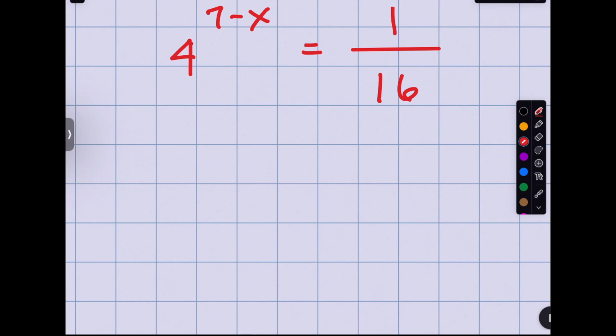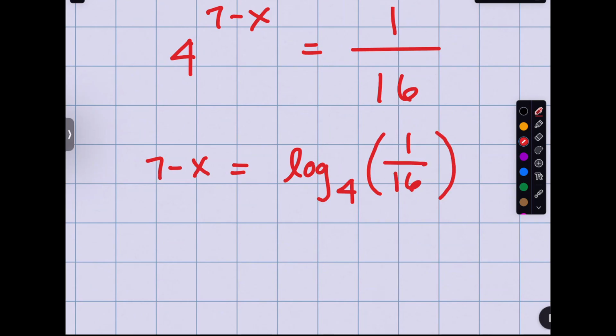How do I convert this whole thing to log form? This is exponent form. I want to convert it to log form. The base goes over to the other side. Log base 4 of 1/16.